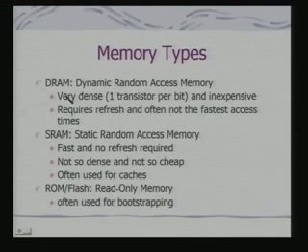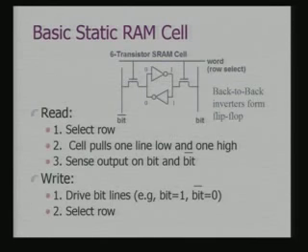What do we mean by density of the memory? It is actually the area that is required on the silicon real estate for implementation of a single bit. When we say DRAM is more dense than SRAM, we mean that the area required for a single bit implementation is something like this.